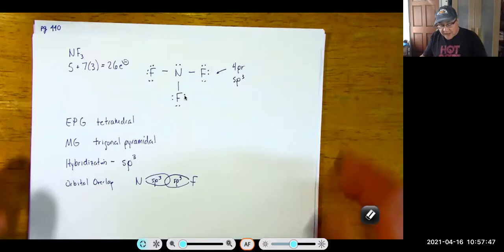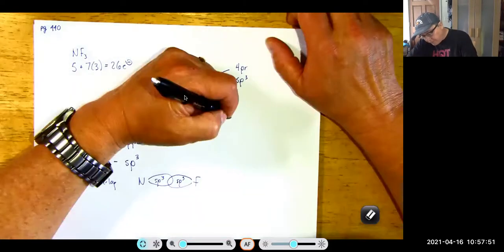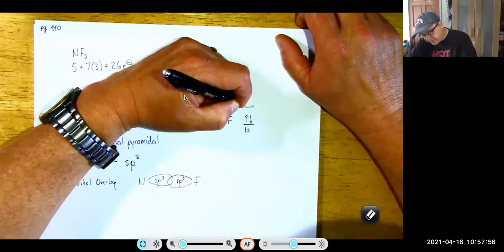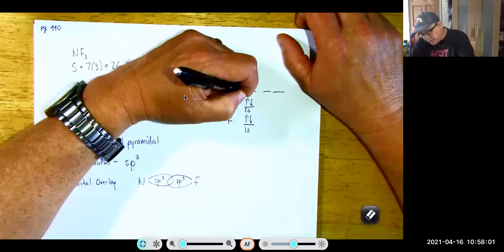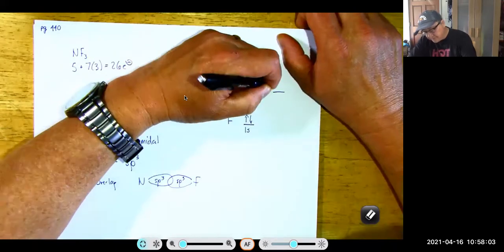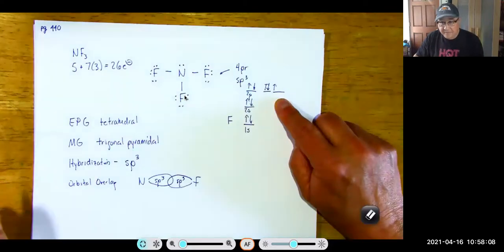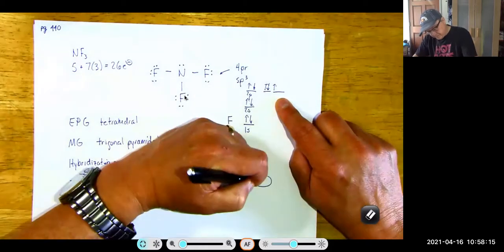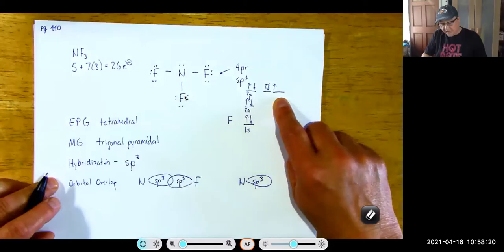However, do we have to have that for fluorine? And the answer is no. For fluorine, we could have a 1s, a 2s, and a 2p that looks like this. And you've got 1 orbital here with 1 electron in it, right? What type of orbital is that? It's a 2p, right?